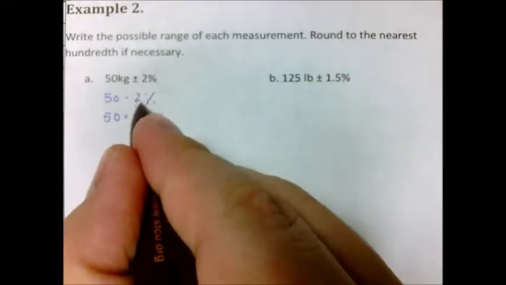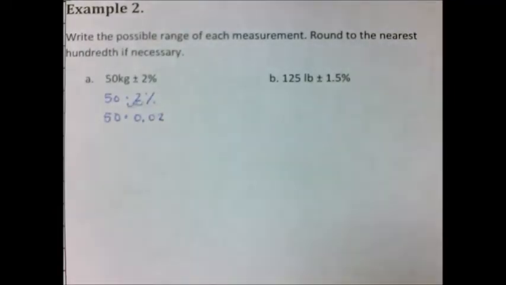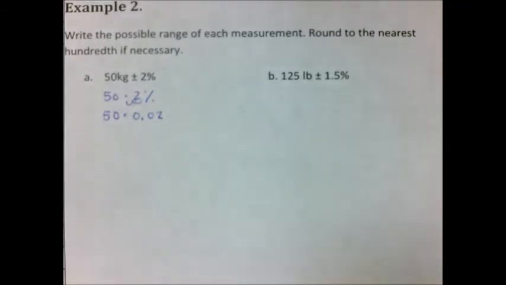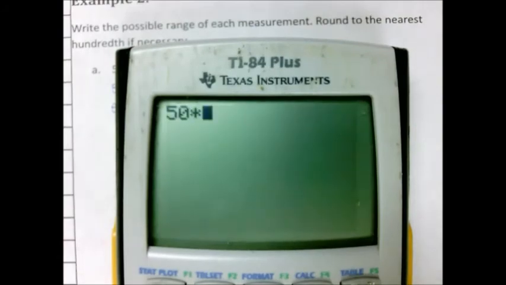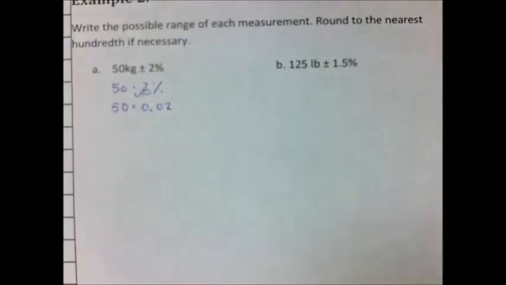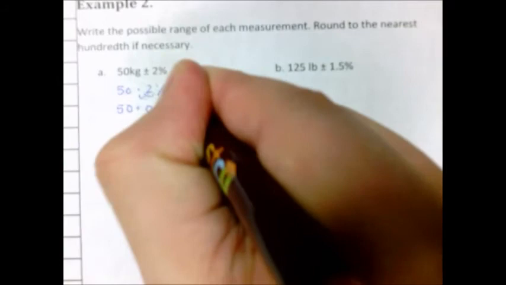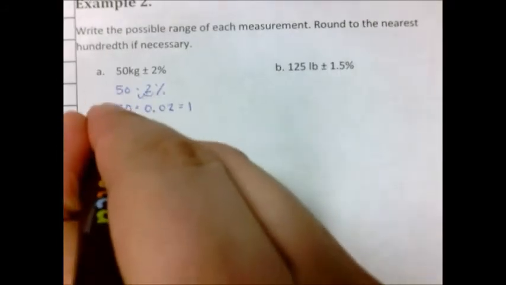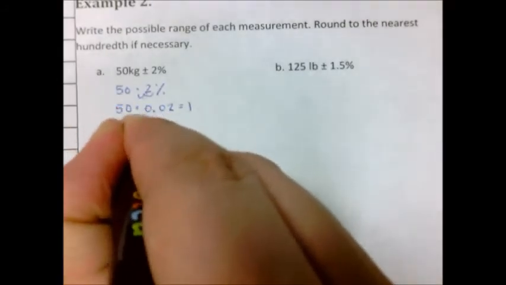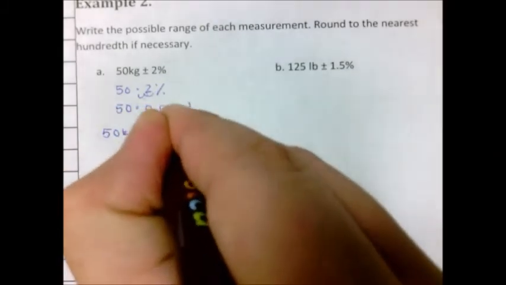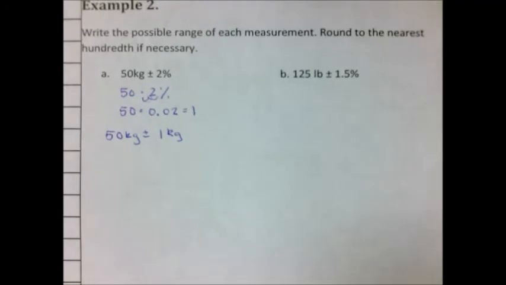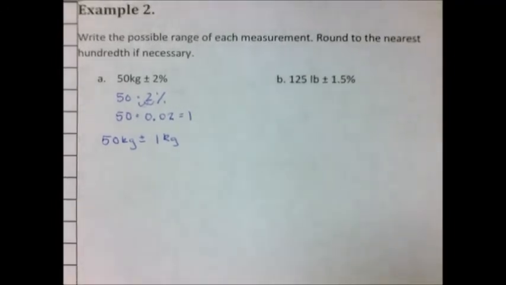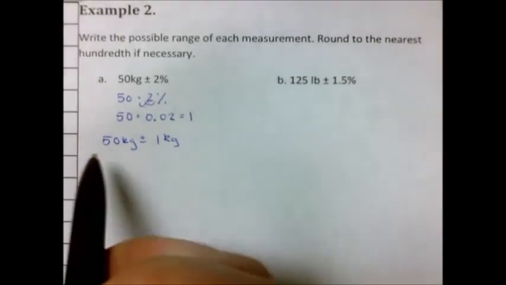If we do 50 times 0.02 on the calculator, we get 1. So that means we're looking at 50 kilograms plus or minus 1 kilogram. 1 kilogram is the specified tolerance that we're able to vary by, and so this would be the right answer.